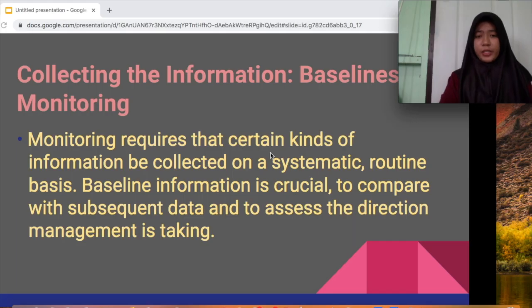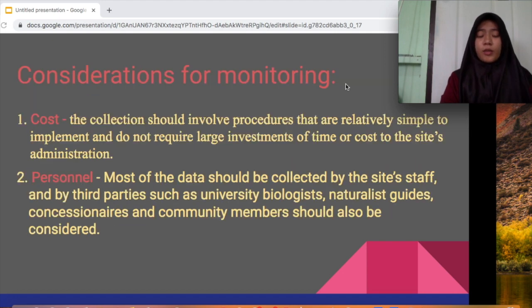Next is collecting the information, baseline and monitoring. The monitoring requires that certain kinds of information be collected on a systematic, routine basis. Baseline information is crucial to compare with subsequent data and to assess the direction management is taking. In collecting the information, they also have considerations for monitoring. First is cost.